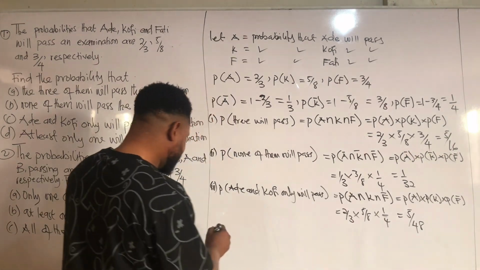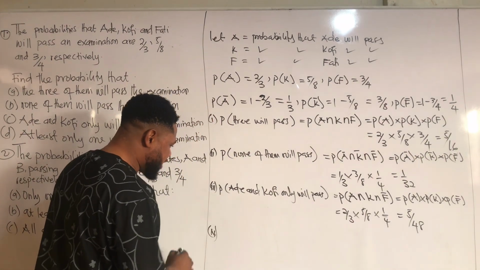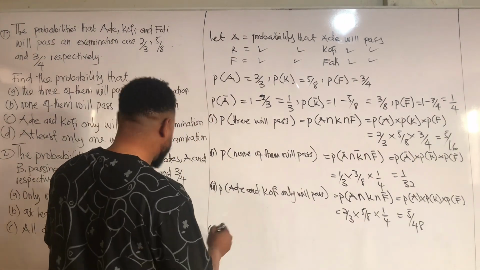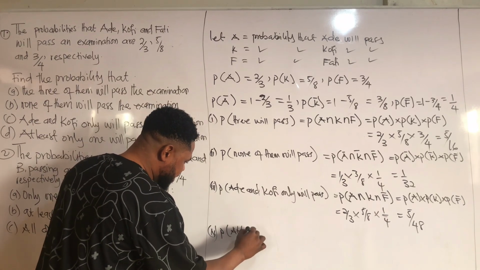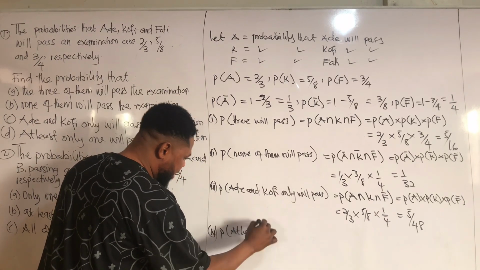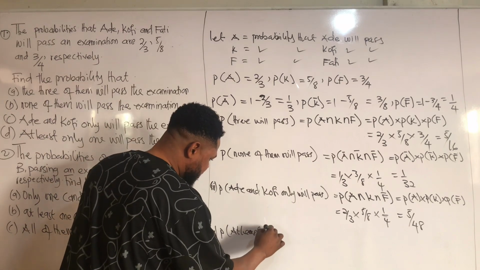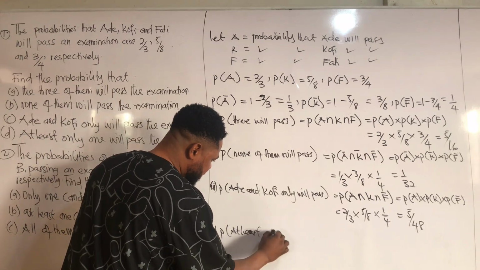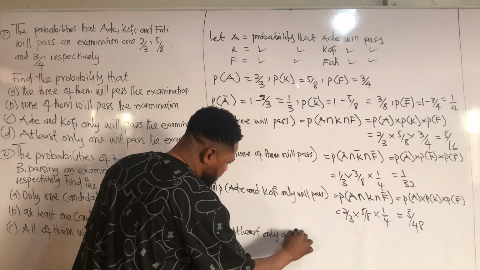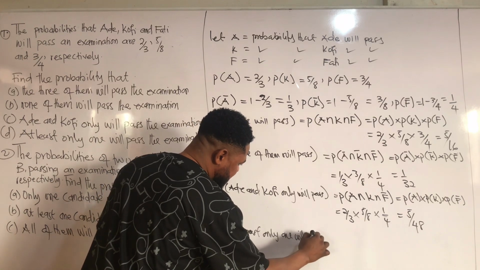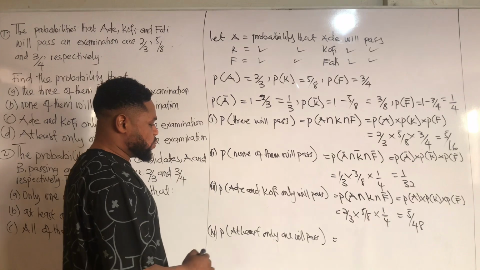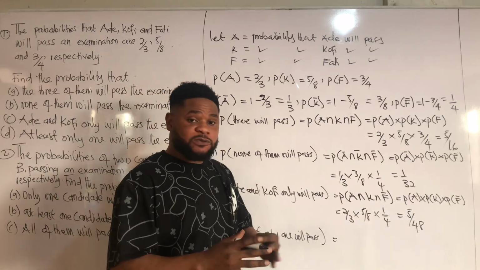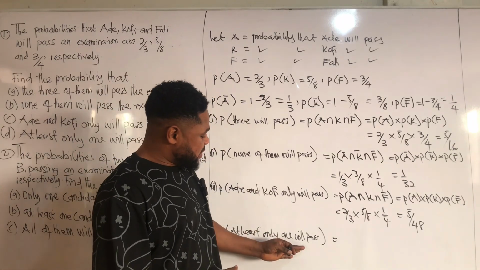And the last one, which is our IV, we have at least. So probability that at least only one will pass is equal to, here we have 2 ways of answering this.